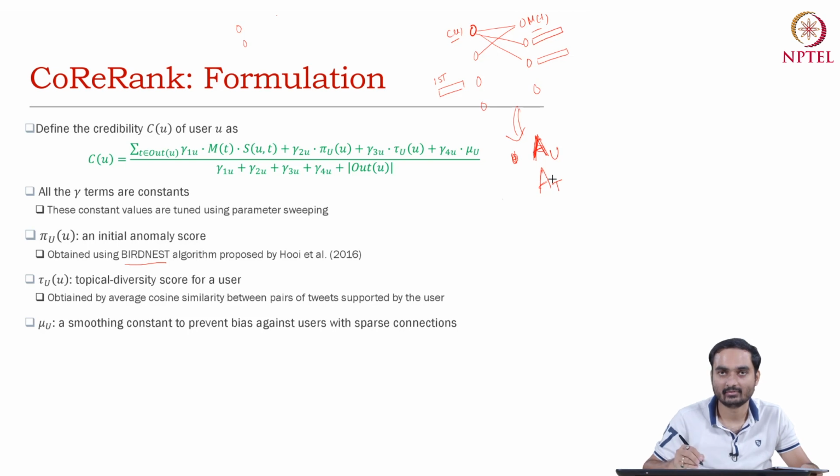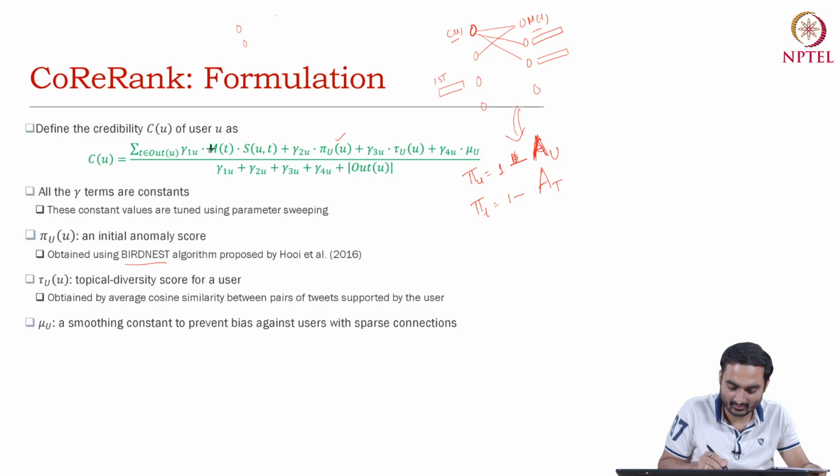Now, since we are interested in the credibility, which is just the opposite of anomaly, the credibility seed score for a user is basically pi u, which is 1 minus AU, and for a tweet pi t, 1 minus AT. So pi u is the seed value obtained from the BIRDNEST algorithm.